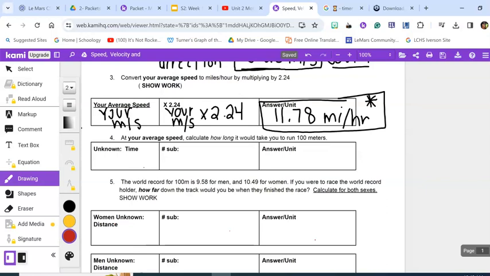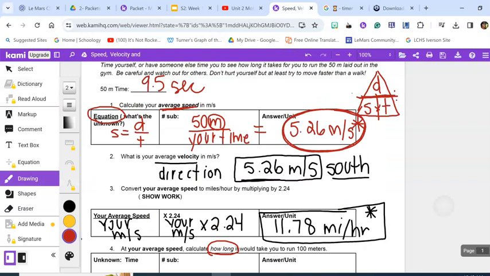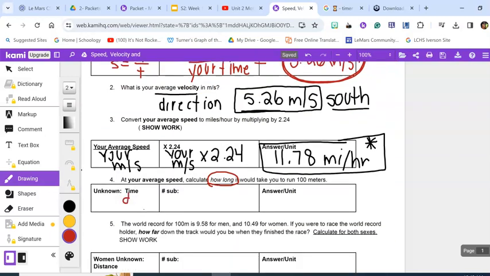So at your average speed, calculate how long it would take you to run 100 meters. So what is the unknown? How long it would take you. So what am I solving for? Distance, speed, or time? I'm solving for time, which means my equation is distance over speed.